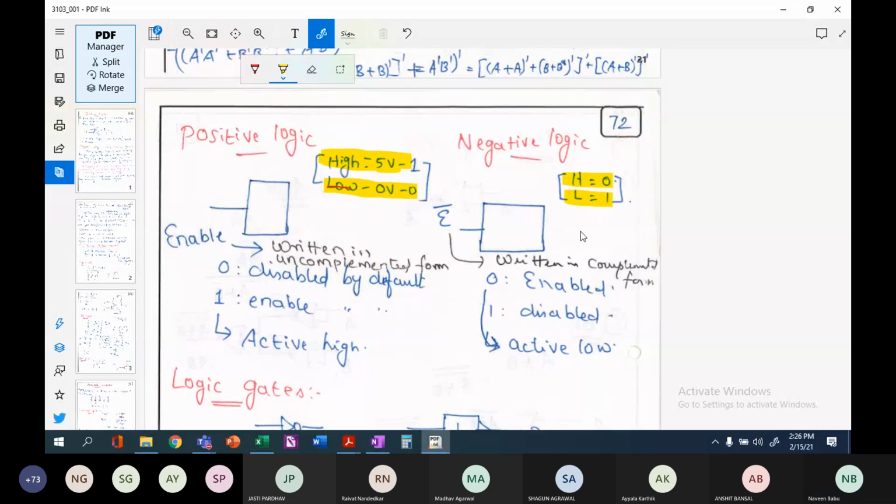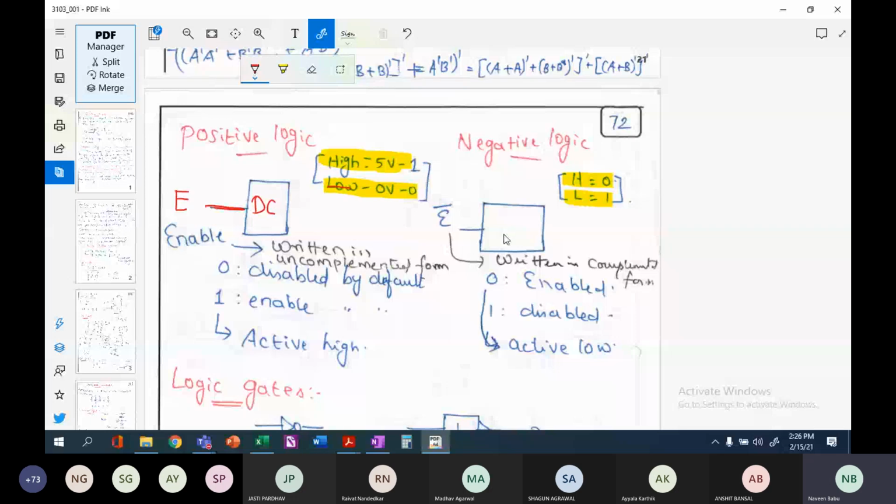Now, if you have a digital circuit and you want to activate it, normally we will give an external signal called an enable signal. If it is positive logic, we will write it like this.